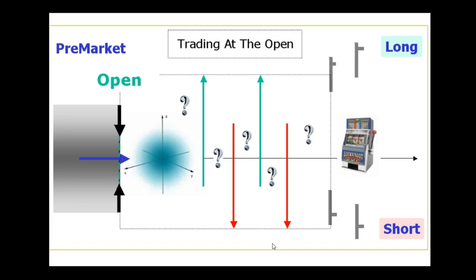The dilemma is, if you pick one of these arbitrary numbers, like you're going to wait 10 minutes, or 20 minutes, or 30 minutes, or the first hour, yeah, you can filter out some of that early morning noise and maybe save yourself a couple stop outs.